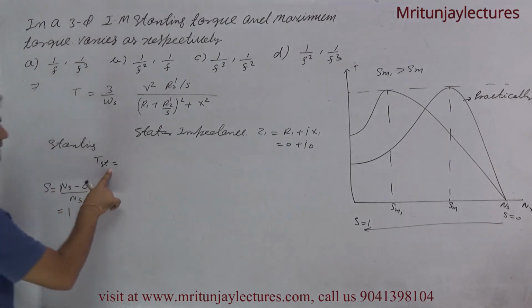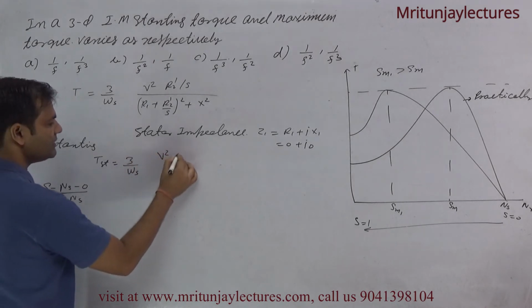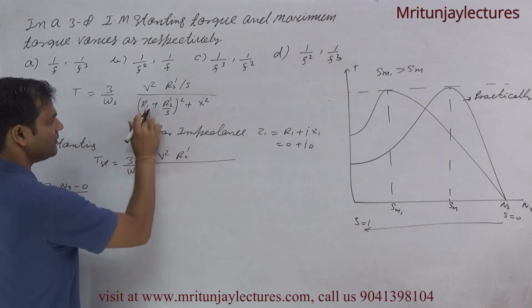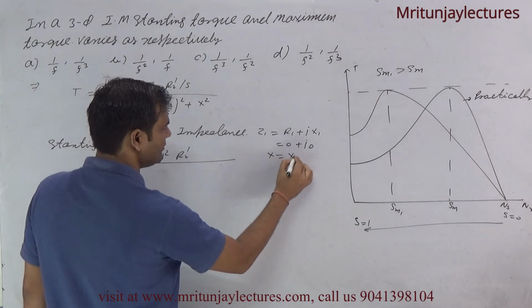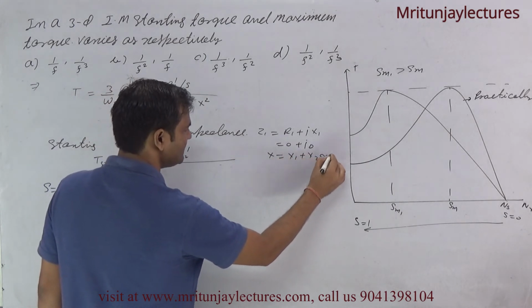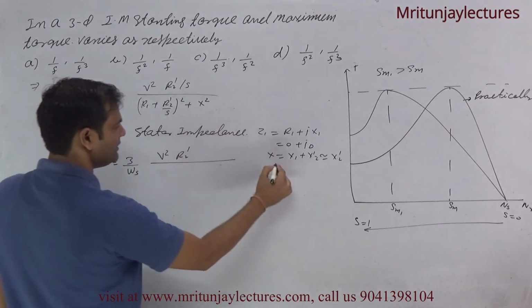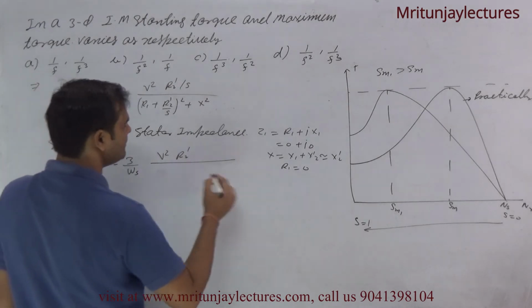So it is written as 3 divided by omega s into V square upon R2 dash, whole divided by R2 dash by S whole square plus X2 dash whole square, where X is equal to X1 plus X2 dash. R1 is 0 and X1 is also 0.